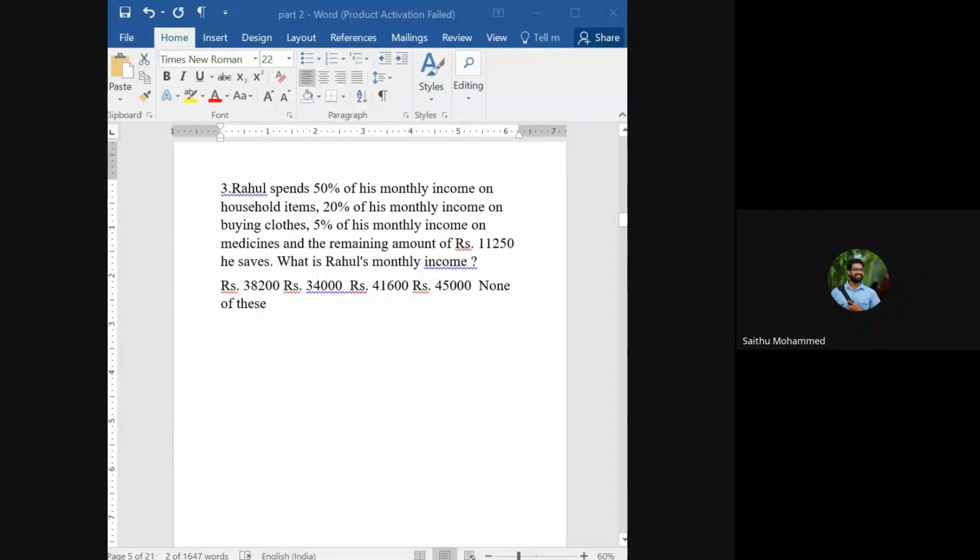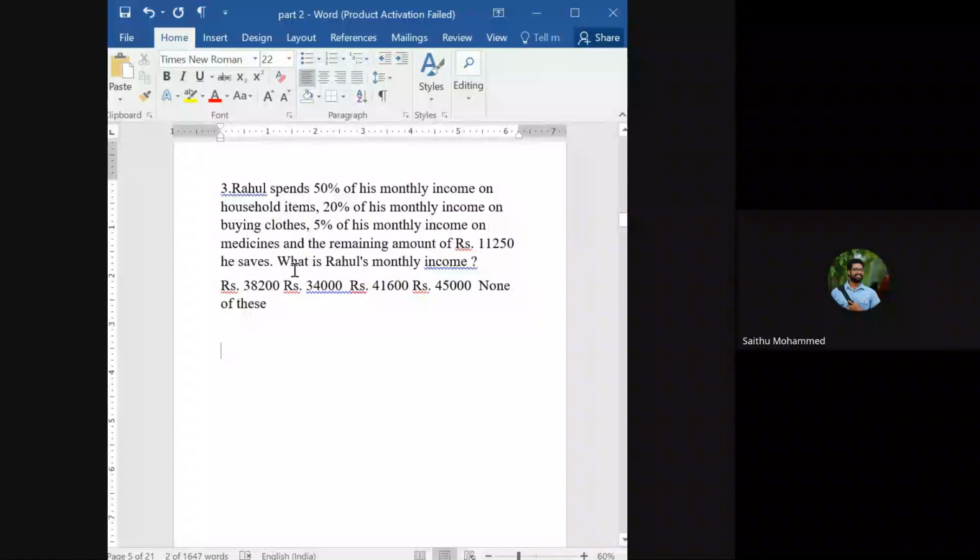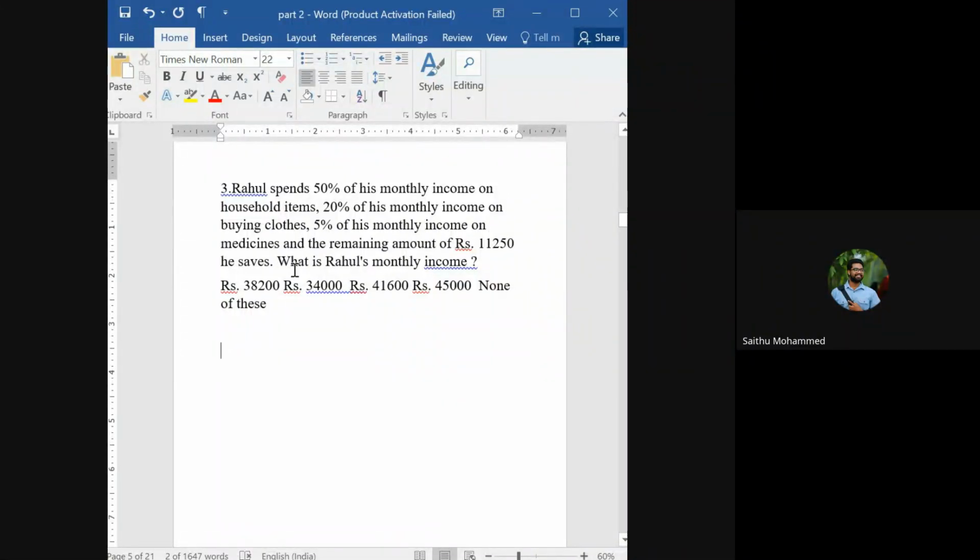When we are encountering a problem like this, first we have to assume that the total, or the whole sum, is what everything is coming from. That means whatever Rahul spends is from his salary, right? So that total amount or that 100% is salary.